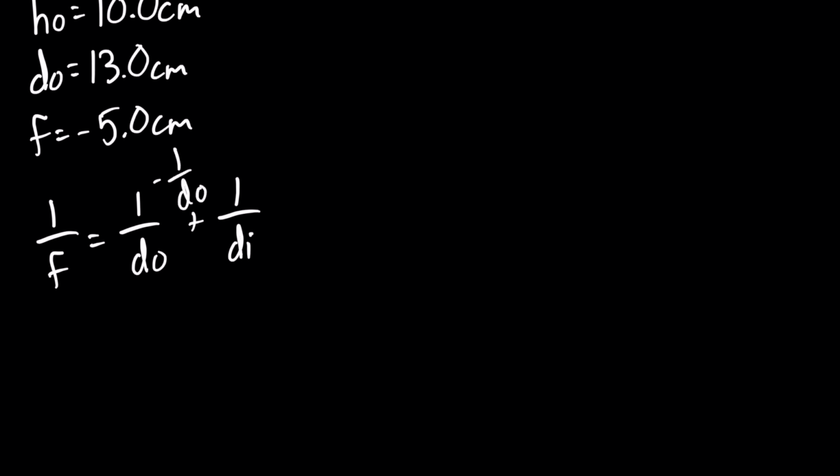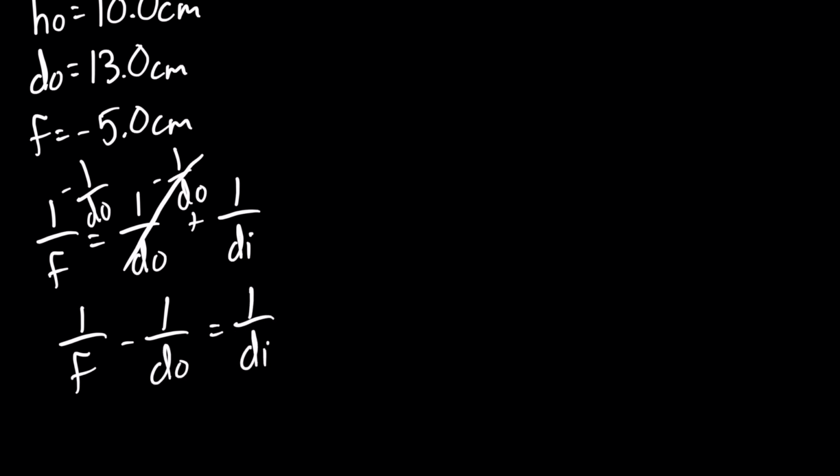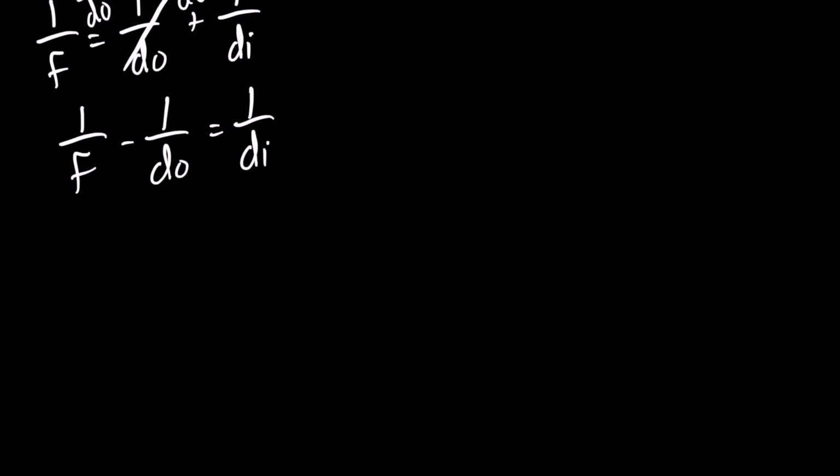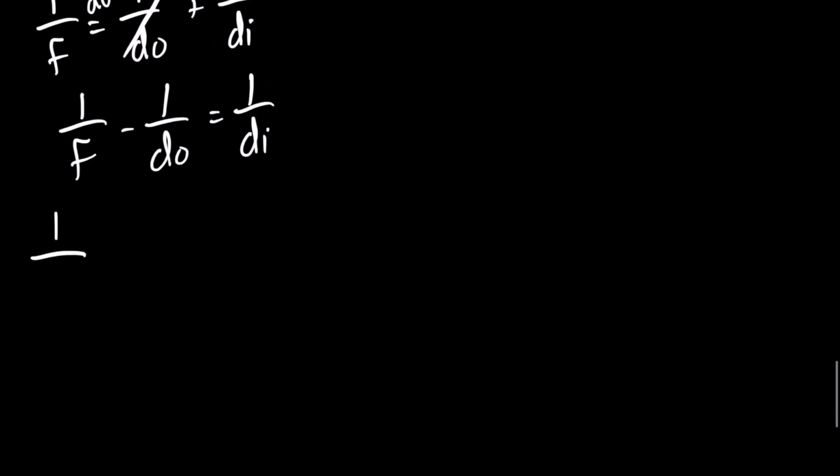We'll subtract 1 over dO over to the left side to give us 1 over f, subtract 1 over dO equals 1 over di, and let's input our values here. So 1 over the focal length, which is -5 centimeters, and that's subtract 1 over dO, which is 13.0 centimeters, and that's equal to 1 over di.